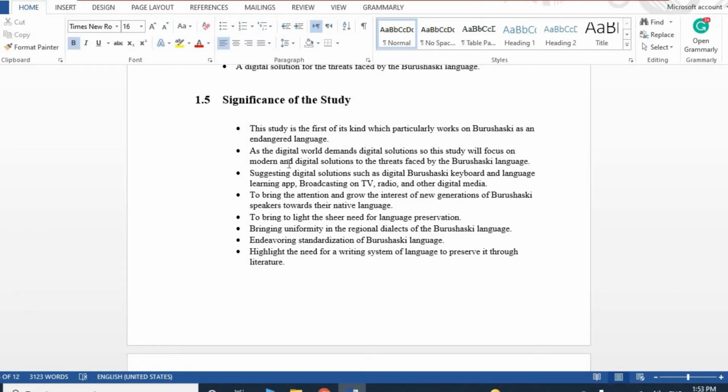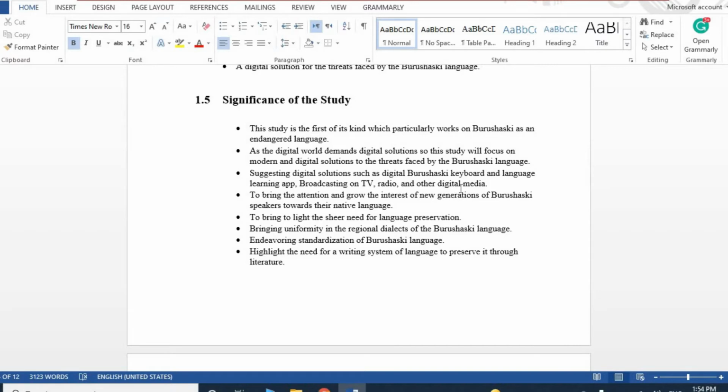And as the digital world demands digital solutions, this study will focus on modern and digital solutions to threats faced by the Burushaski language, suggesting digital solutions such as a digital Burushaski keyboard, a language learning app, broadcasting, TV, radio on digital media, right, spreading or promoting through digital media.